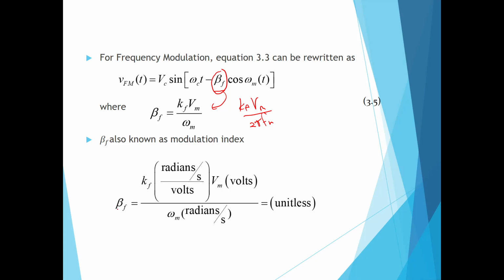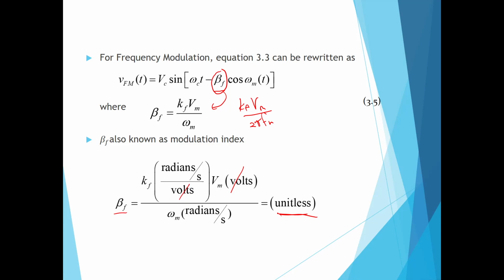Beta F is a unitless parameter, different from beta P. Beta P has a unit, which is in radians, whereas beta F is a unitless parameter. In this case, Kf is defined as radians per second per volt, multiplied by volt, and then divided by radians per second. So you get a unitless value.